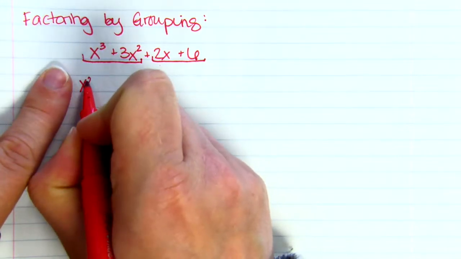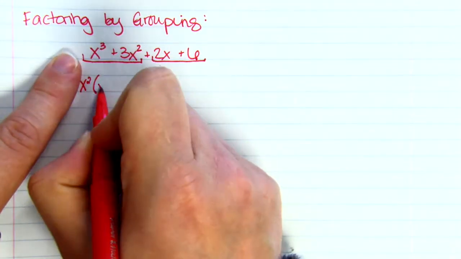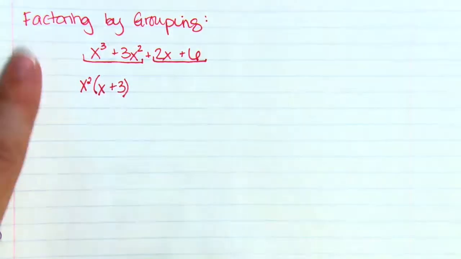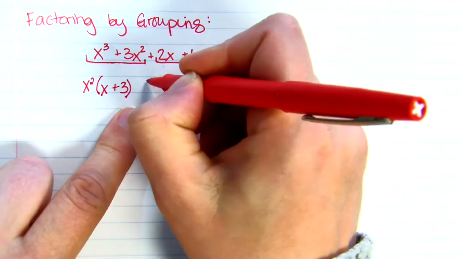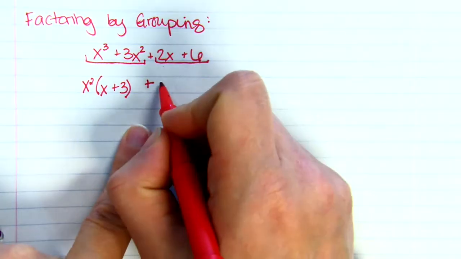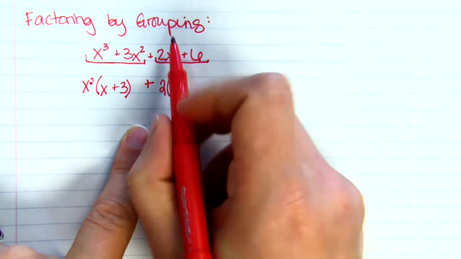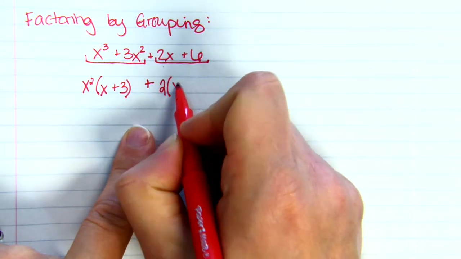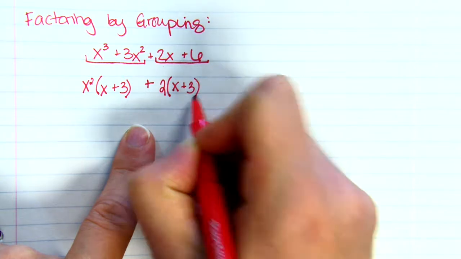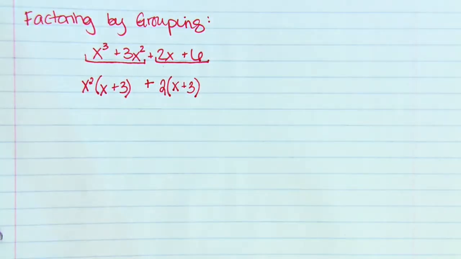If I pull an x squared out, I'm left with an x from this term and a 3 from this term. I'm going to keep that addition sign in there. And if I look at this guy, I said they had a 2 in common. I can pull the 2 out from 2x and be left with x, and a 2 from 6 would leave me with 3 because I'm dividing out that.